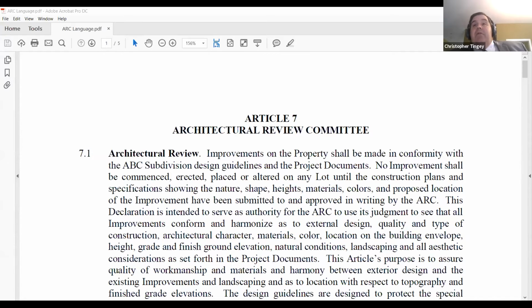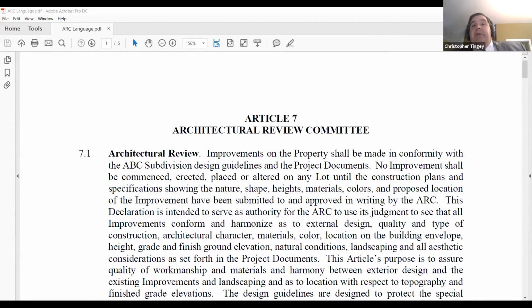I've changed both of them. It says Deschutes County, but it's not really a Deschutes County association, and it's not really the ABC Homeowners Association, which you'll see up here. But it is a pretty detailed architectural review committee provision. Your documents may not have as much detail, and that's okay. We live with what we've got.